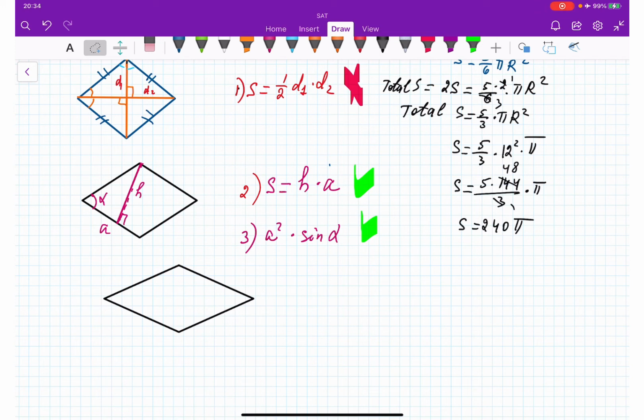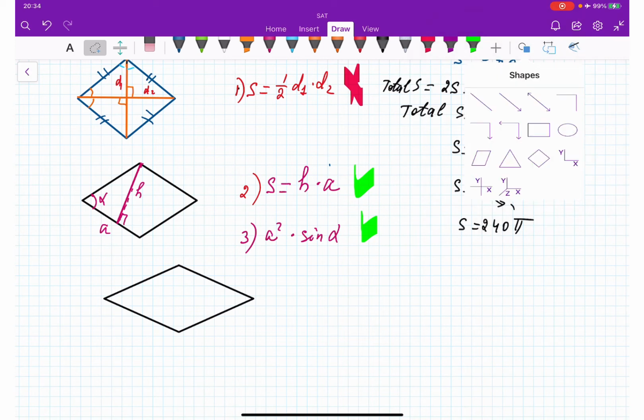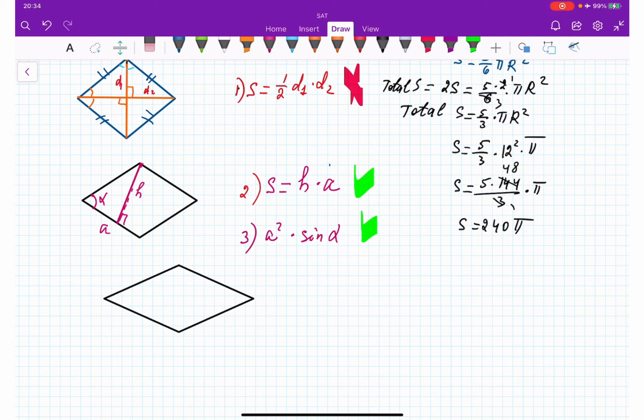So, there is a theorem that the height that is provided from the obtuse angle to the opposite side is splitting that side. This side is equal to this side.